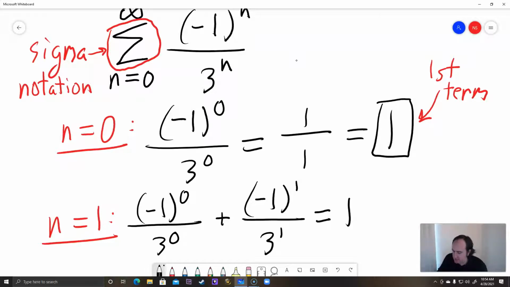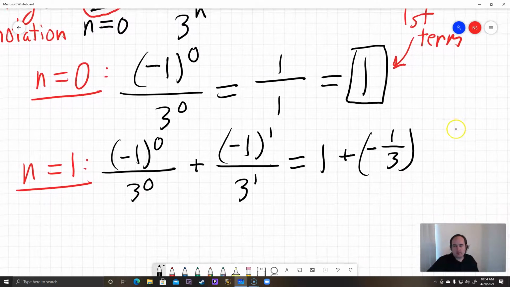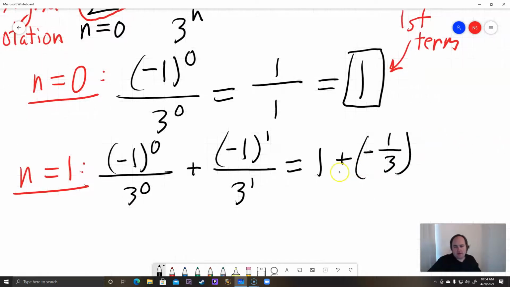And then for the second one, we have negative 1 over 3. So we have 1 plus negative 1/3. All right, and then what's 1 plus negative 1/3? Well, 1 minus 1/3 is 2/3. Okay, so our second term is going to be 2/3.